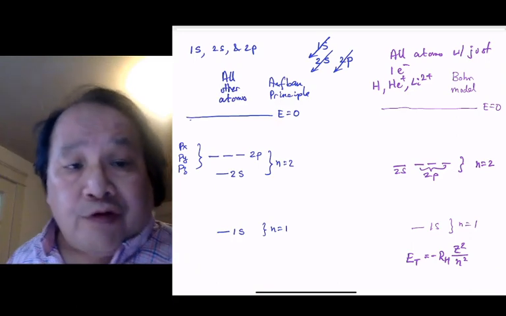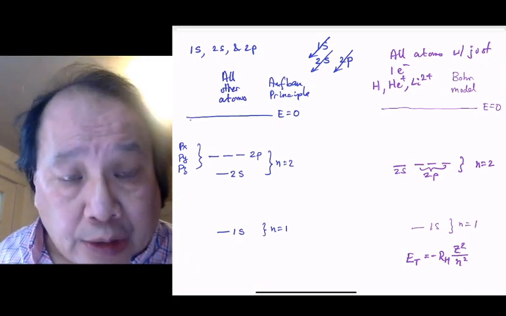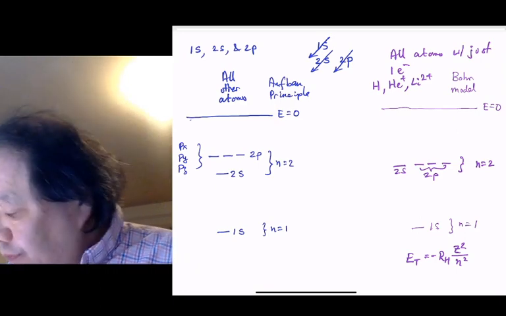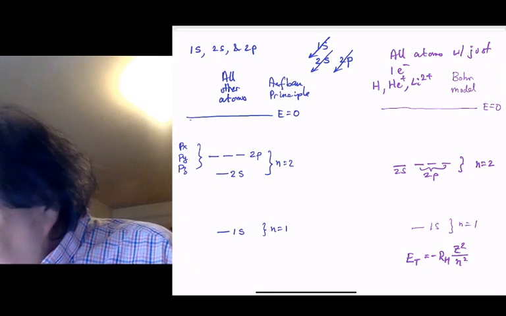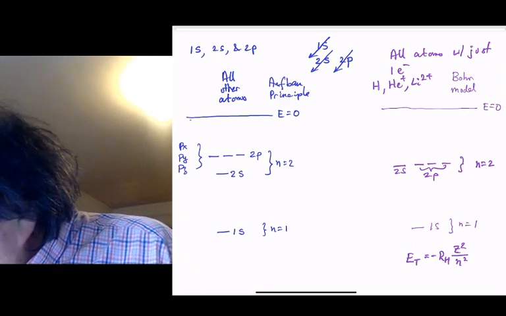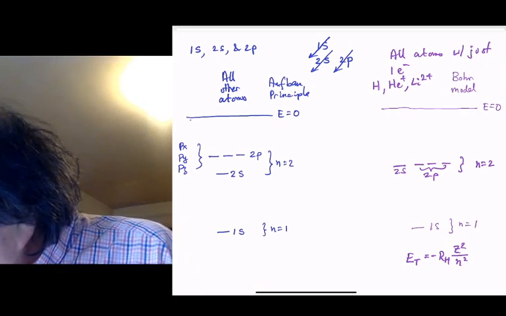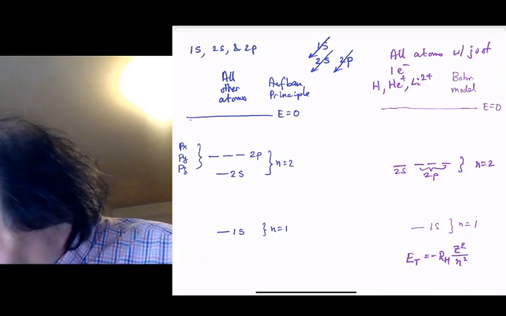And we want to figure out how to understand the more general case of the Aufbau principle. And the idea is we're going to introduce a new term. The new term we're going to introduce is Z effective.